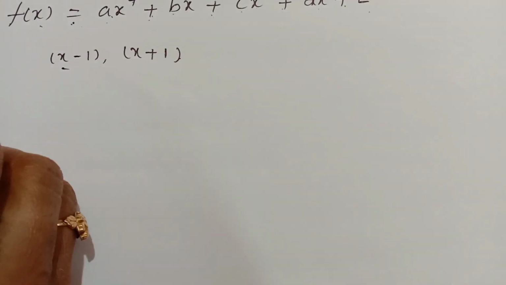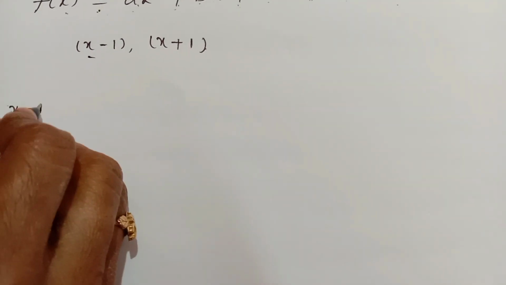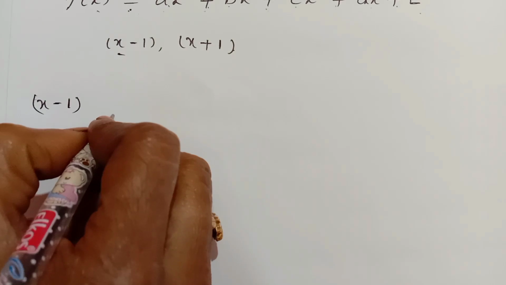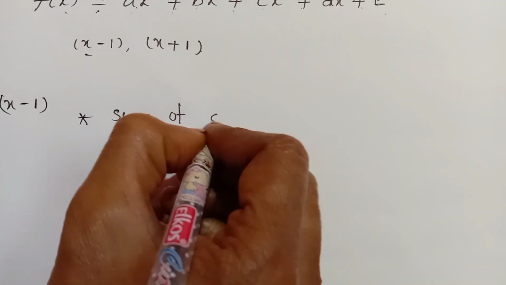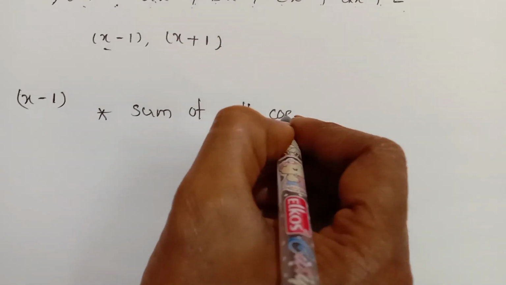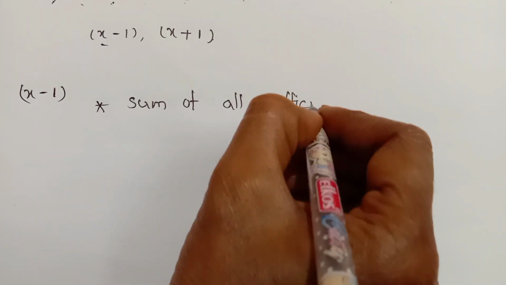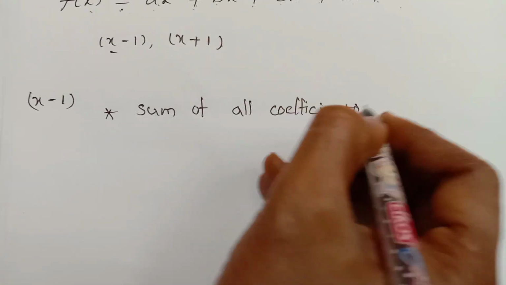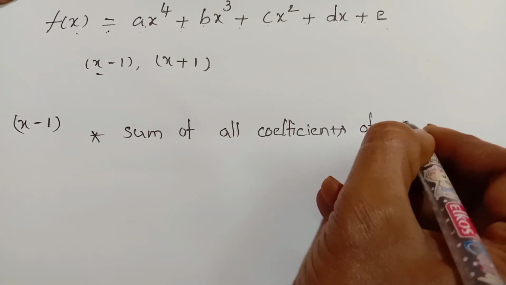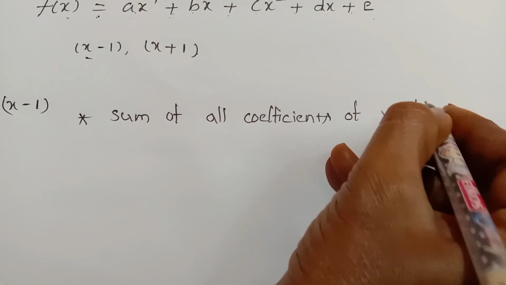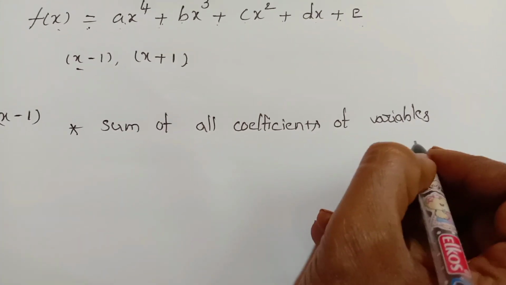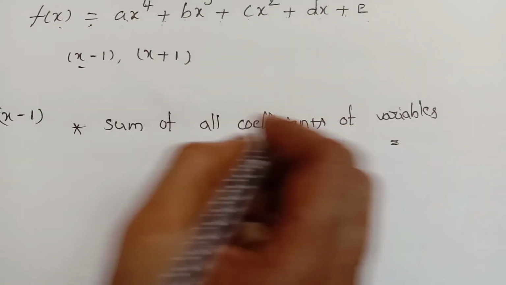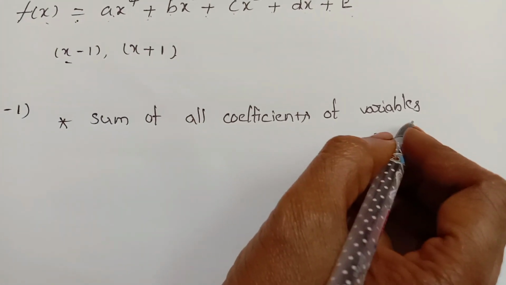First one, x minus 1: the sum of all coefficients of the variables is equal to 0.